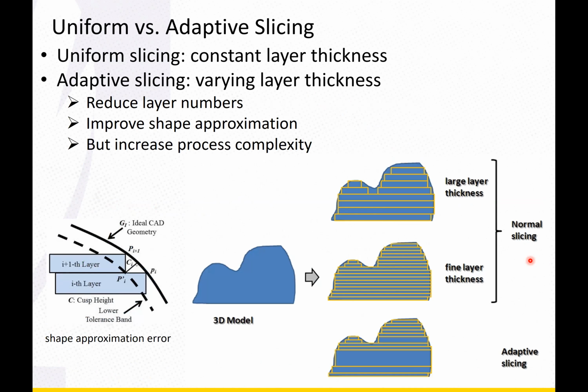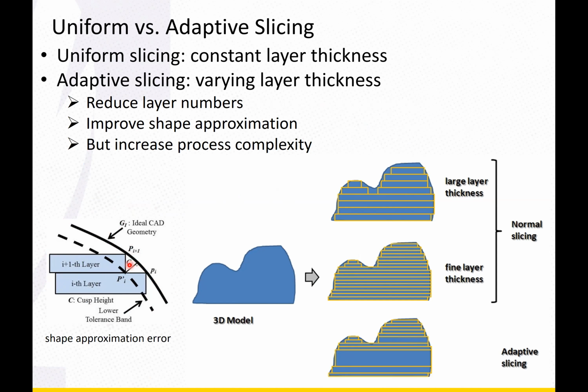Okay, here shows what I mentioned last presentation, the step effect, right? As you can see, the original surface is something like this, right? But when you do the slicing, in the 2D case, you are actually using a rectangle to approximate the original region.